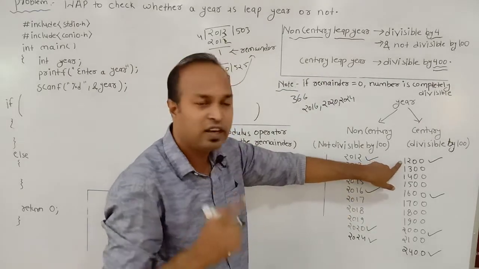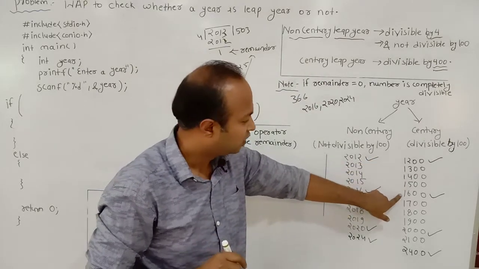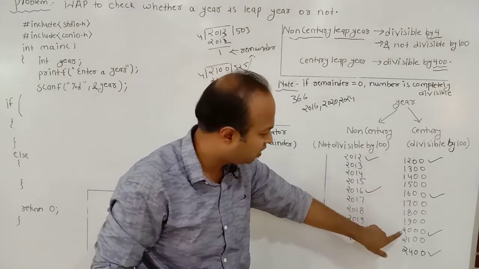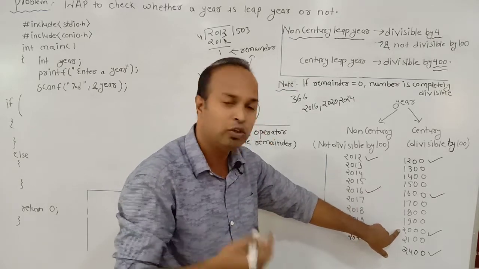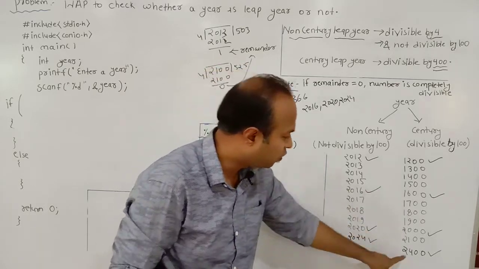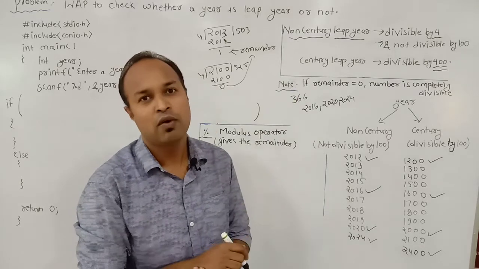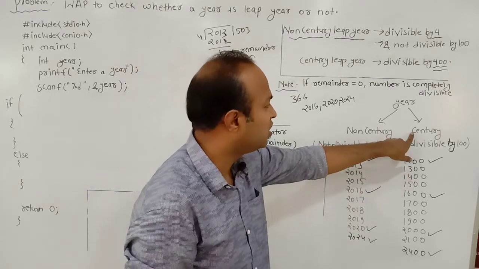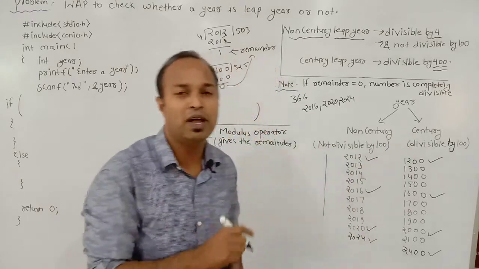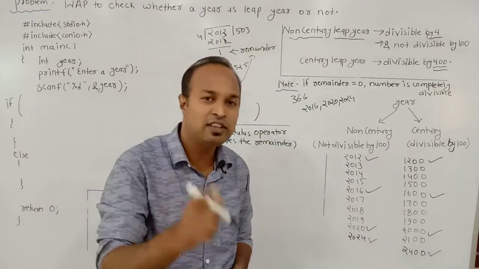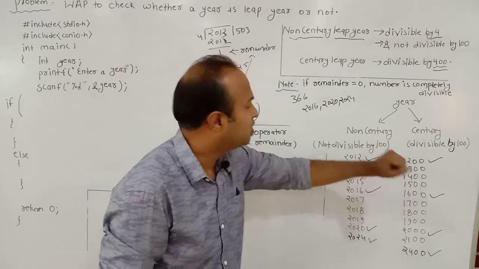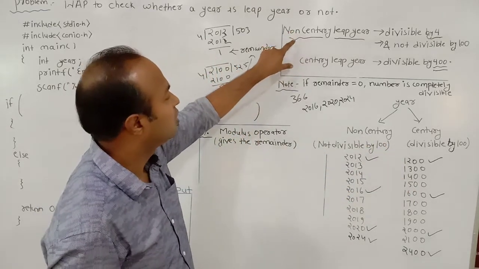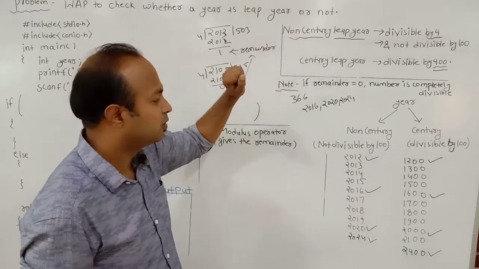Here 1200 is divisible by 400, 1600 is divisible by 400, 2000 is also divisible by 400 and 2400 is also divisible by 400. So we can say that in a century year, if a year is divisible by 400, then such years are leap years. So this is the logic to identify a leap year.